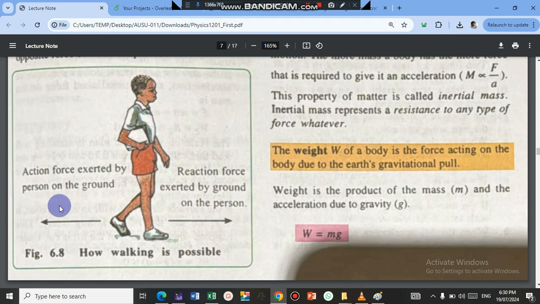When you exert the action force in this direction, you move forward with the reaction force, as simple as that. You exert action force on the ground and the ground pushes you with the reaction force. This is how walking is possible according to Newton's third law.